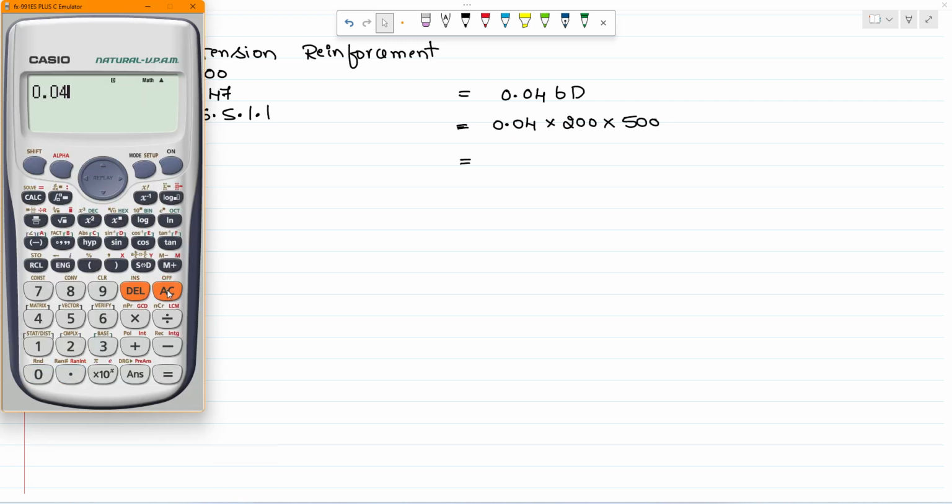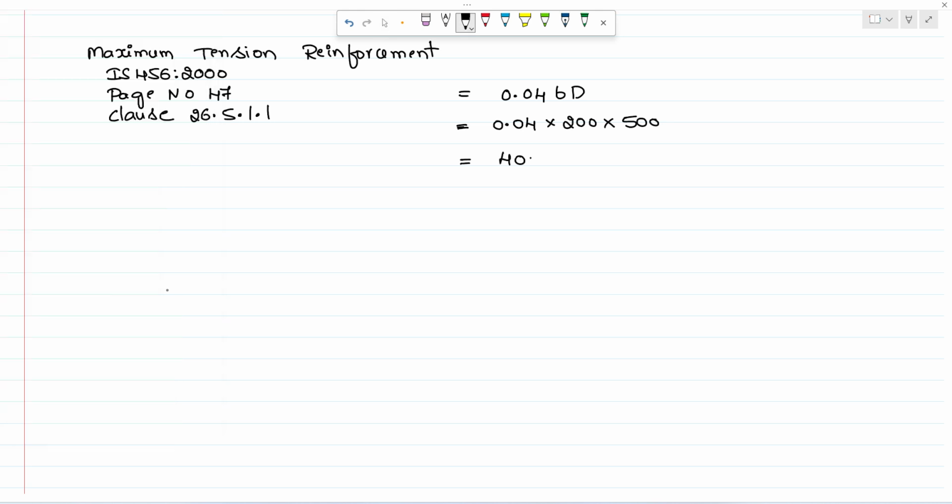So 0.04 multiplied by 200 multiplied by 500. So it is 4000 mm square. So this is AST max. This is your maximum. So here you have three values. First one is AST provided.